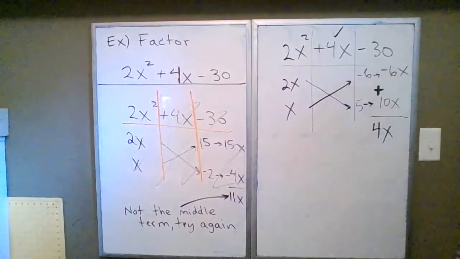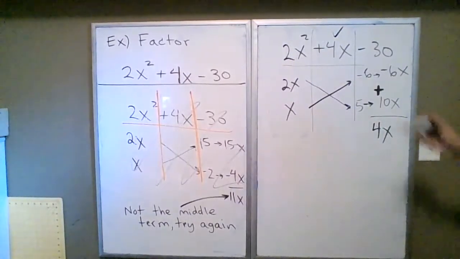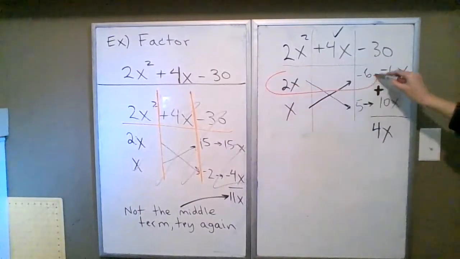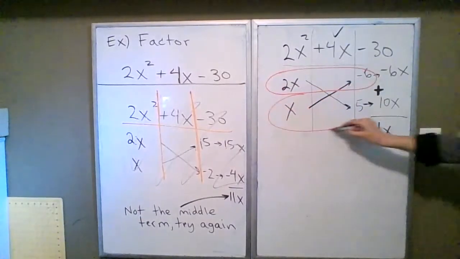So what you do is drop parentheses straight across. We're going to take 2x minus 6 and multiply it with x plus 5.